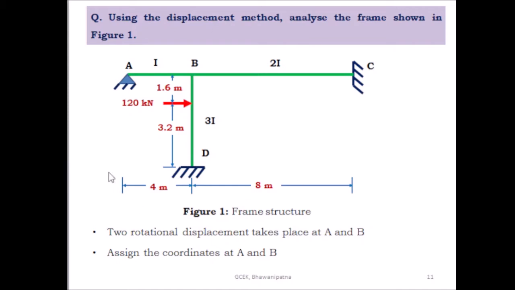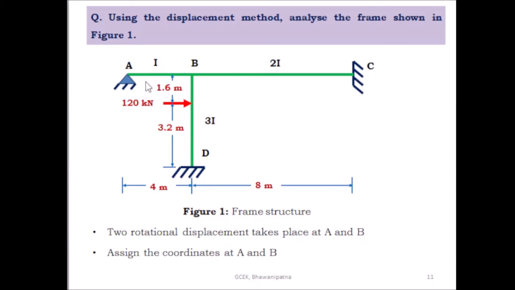So this is the frame structure ABCD, and AB length is 4 meter, BC length is 8 meter, then BD length is 4.8 meter, and on the column BD there is one horizontal load of 120 kilonewton at a distance of 3.2 meter from the support D and 1.6 meter from the point B.